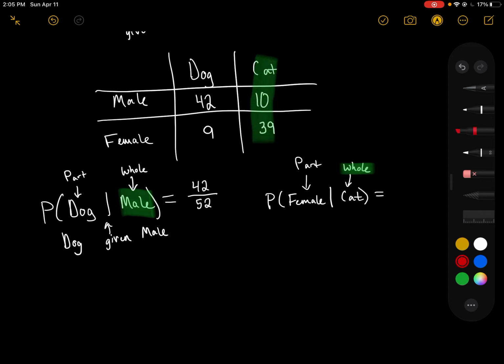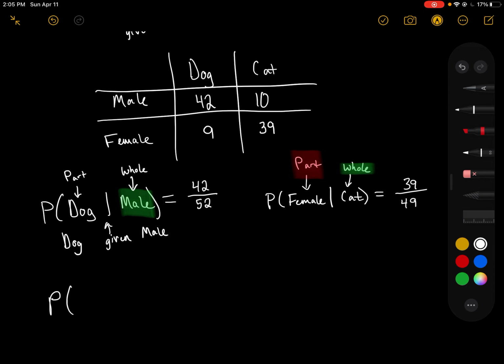We'll identify the whole in green. The whole is cats. And then the part that we're looking for is, given that you are in this cat subset, how many identify as female? The whole here is 49, and the part is 39.